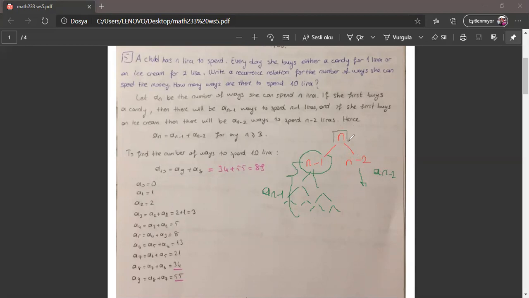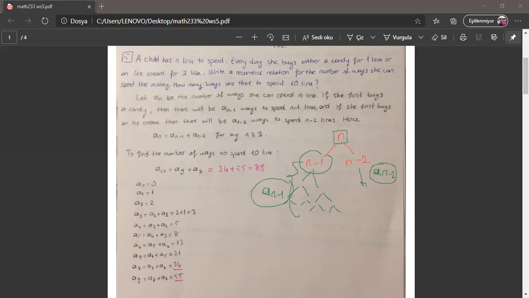Hence, the number of ways that she can spend this money is the sum of a sub n minus 1 and a sub n minus 2. That's why we have this, okay? For this relation, you can try a few values to see where it works.